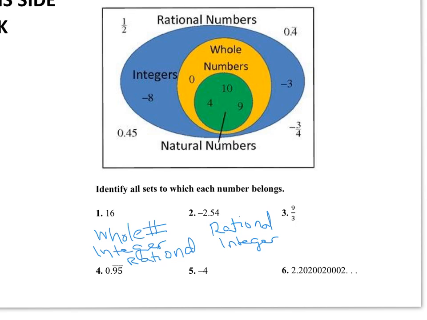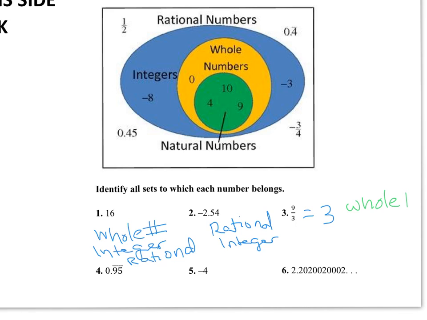Then for number 3, as you can tell, 9 over 3 can be divided. So 9 divided by 3, you actually end up with the answer 3. So since we get the answer 3, the answer 3 is a whole number.